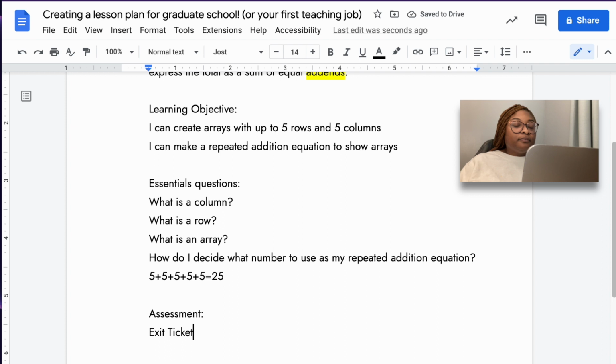And here's what I'll say. With the curriculum that your school may have, exit tickets may already be created for you. But if you're left to your own devices, then choose a couple of questions that best go along with what you are teaching and give that to them at the end.